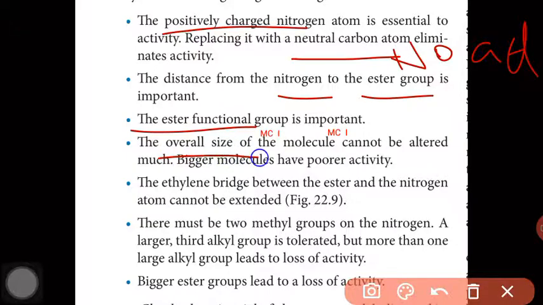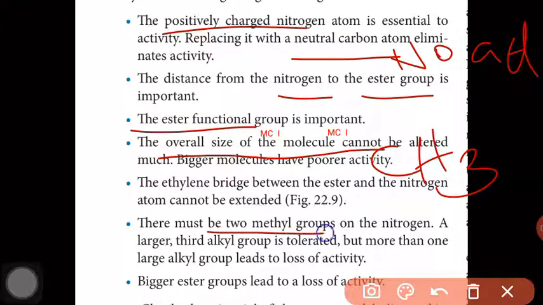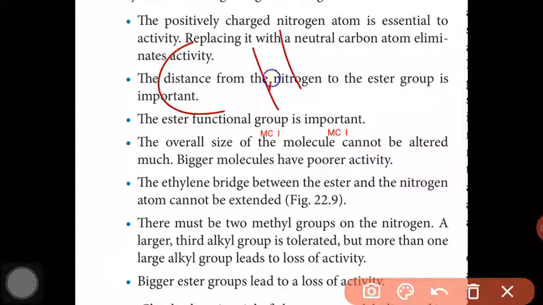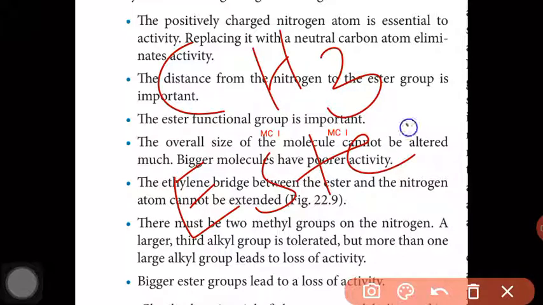The molecule cannot be altered much because the hydrophobic pocket is just enough for a CH3 group only, and there must be two methyl groups on the nitrogen so that it fits into the pocket, and a bigger ester group loses the activity. So, in simple terms, CH3 group must be present and ester group must be present and nitrogen must be positive, and a bigger group loses the activity.